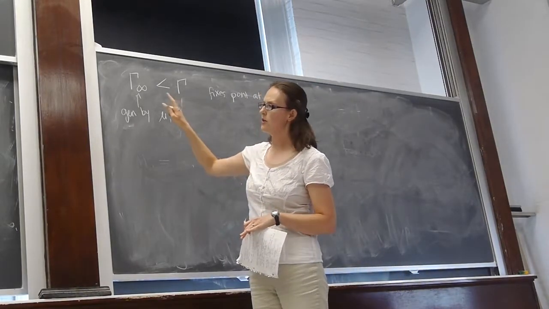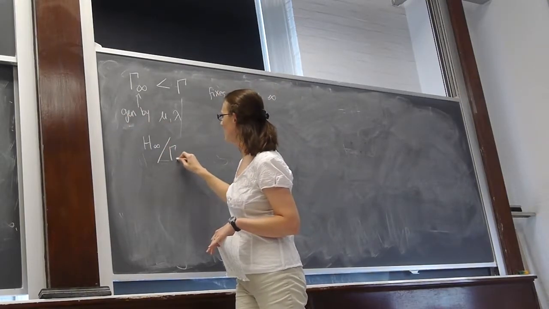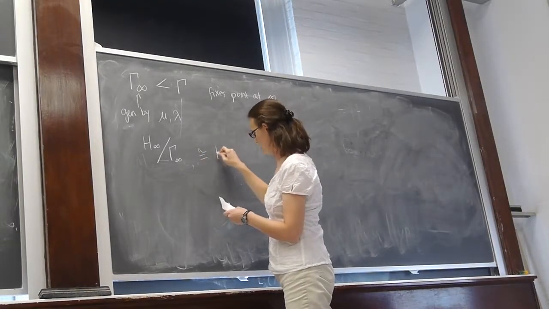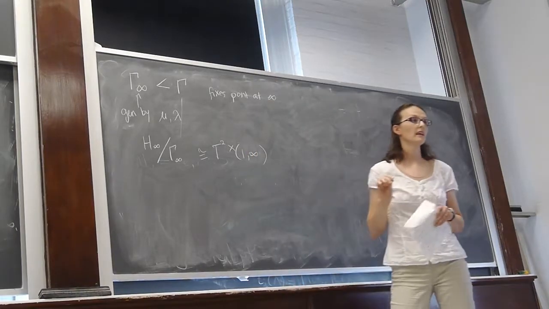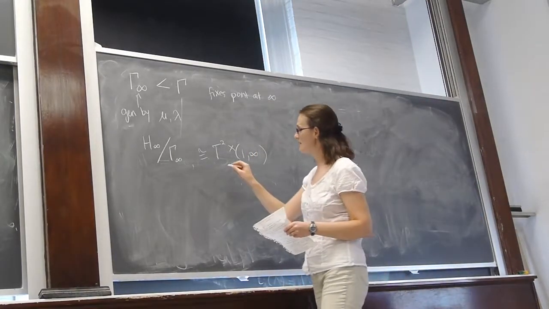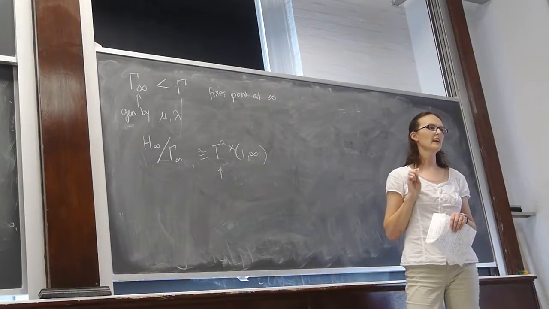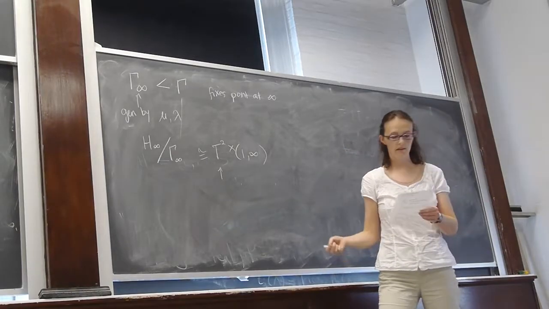And if you take your cusp at infinity, so just take H infinity, and you quotient out by Gamma infinity, then this is the cusp. This is homeomorphic to T^2 cross an interval. And this torus is going to inherit a Euclidean structure from the hyperbolic metric on your 3-manifold.